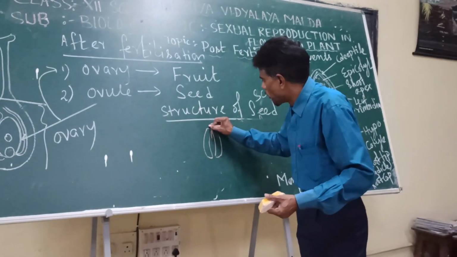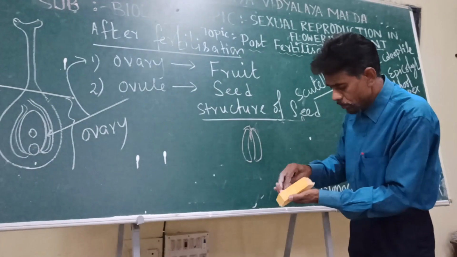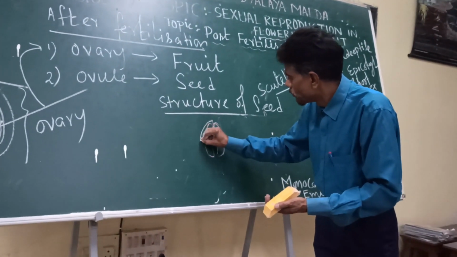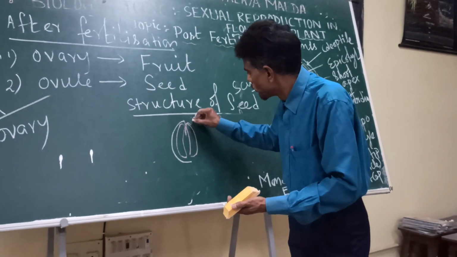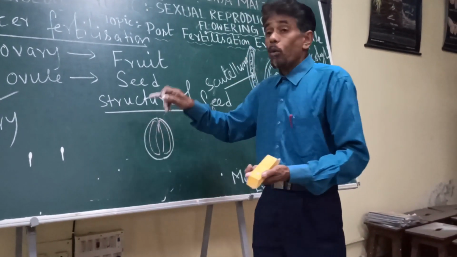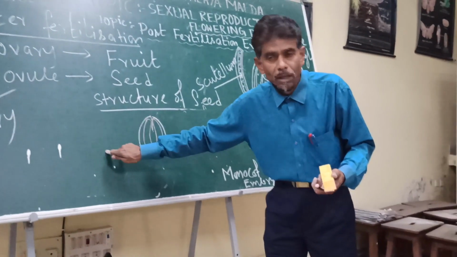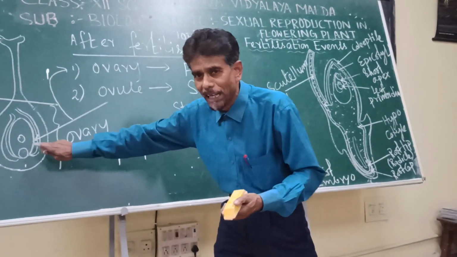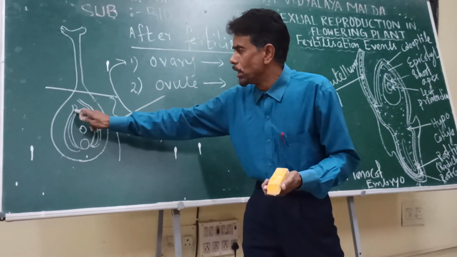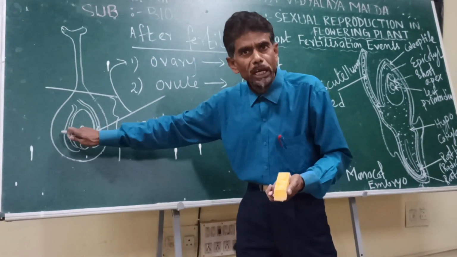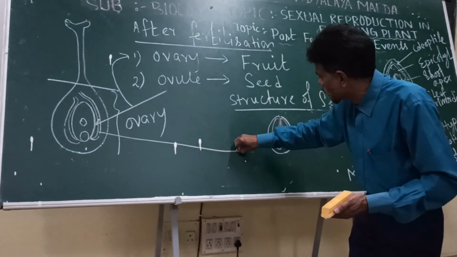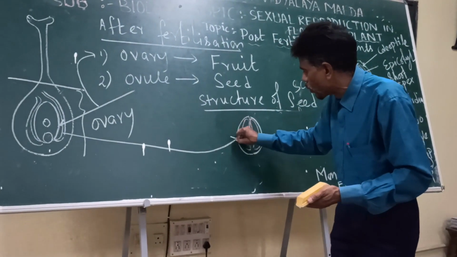Now it is covered by seed coat. Where from this seed coat came? It is this integument, as I told in my previous classes also, that the ovule is surrounded by one or two integuments. It is this integument that is forming the seed coat.